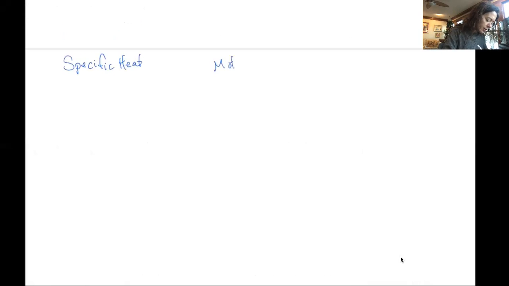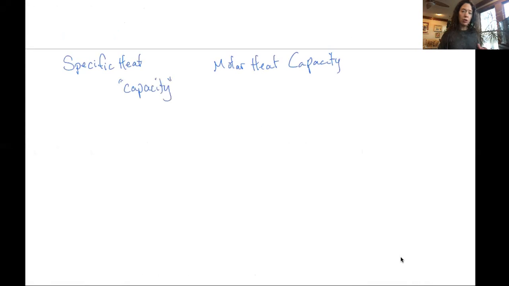Okay, let's start. I'm going to start different. I'm going to start with specific heat, all right? Specific heat. Heat capacity. You might see something called molar heat capacity. You might see the word specific heat capacity, maybe, maybe not, all right? So I don't want that to throw you. Notice they're the same, except one says specific and one says molar, okay?